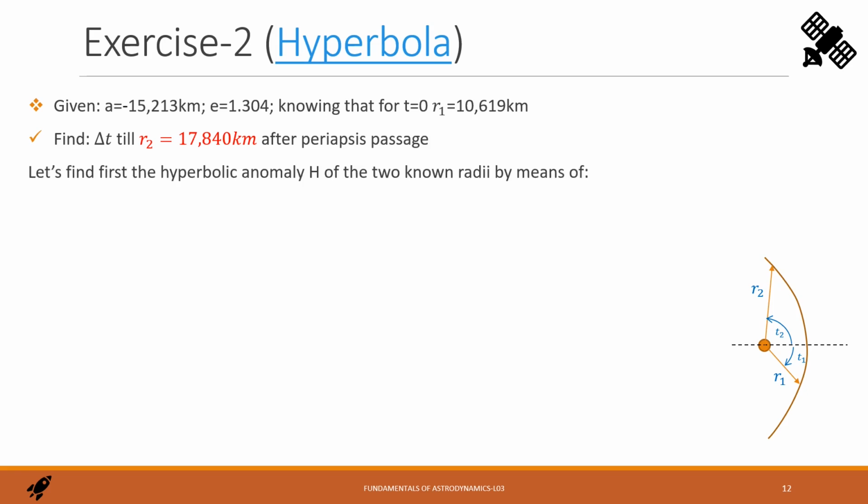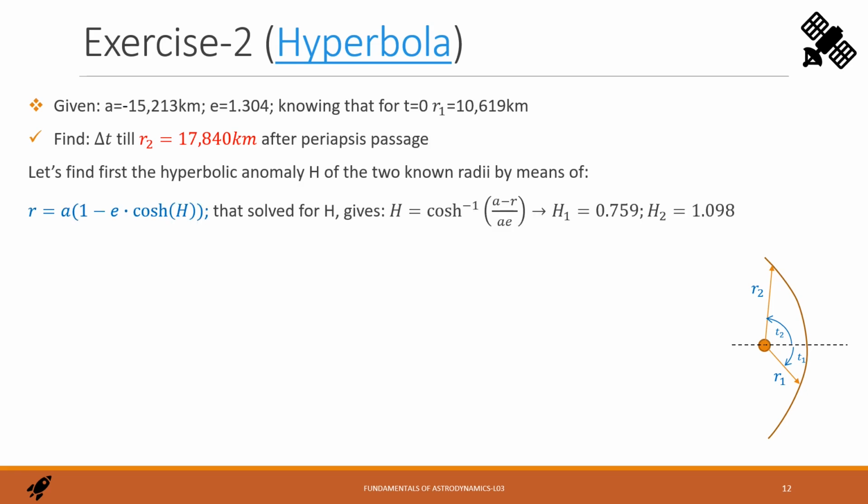We go finding first the hyperbolic anomaly capital H by using the trajectory equation as function of capital H. We notice that while inverting the hyperbolic cosine, we have the ambiguity of the sign, as per the trigonometric function.